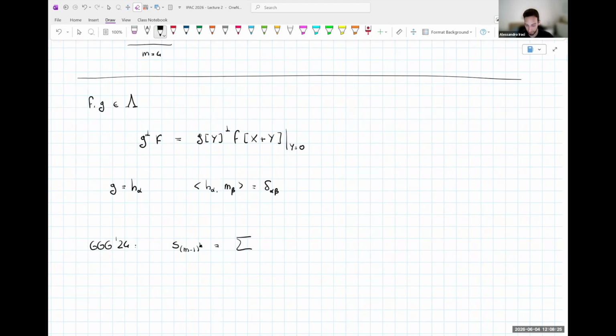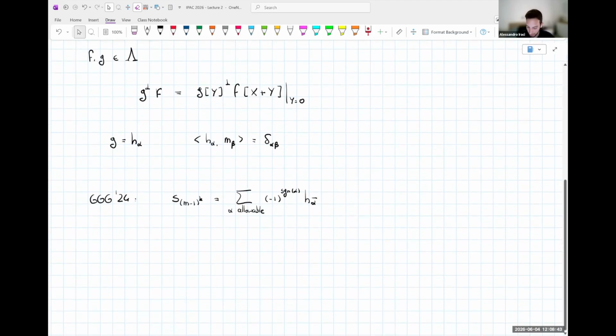it's equal to the sum over alpha allowable, and I'm going to say soon what this means, of (-1) to the sine of alpha times h alpha bar modulo the ideal generated by the hj for j greater than m, where alpha bar is the composition such that alpha bar i is m minus alpha i.